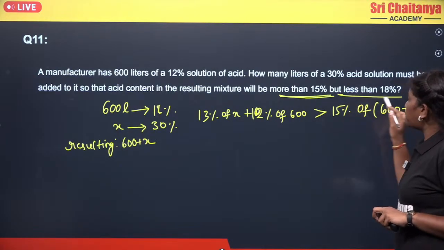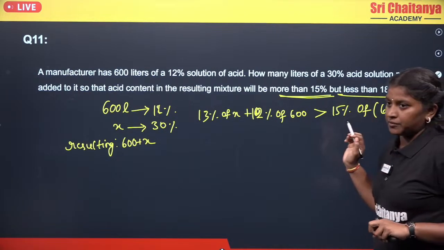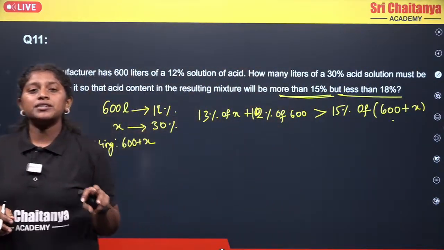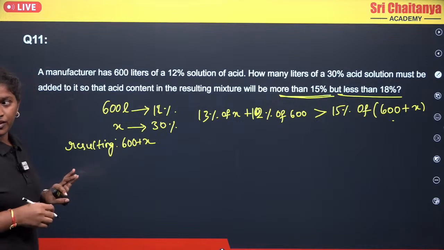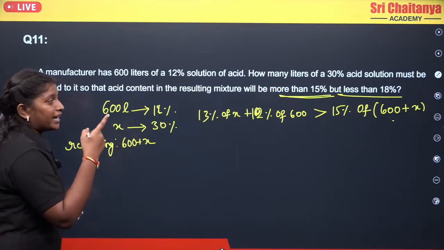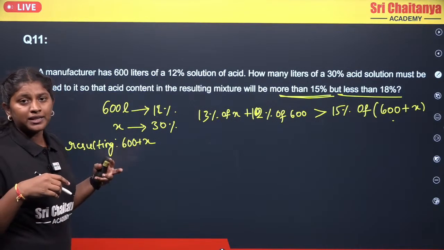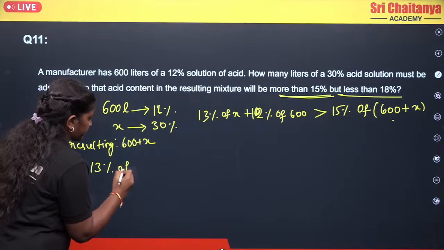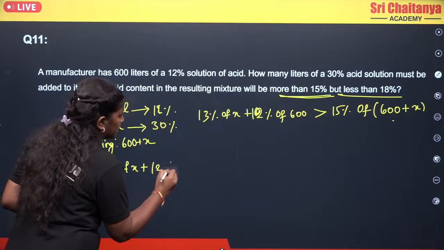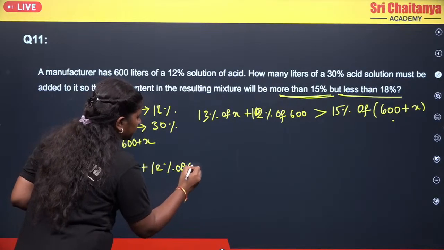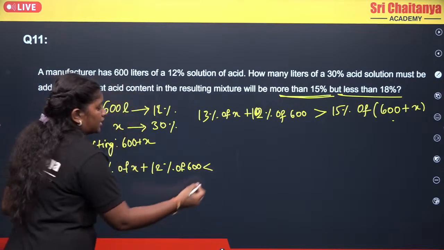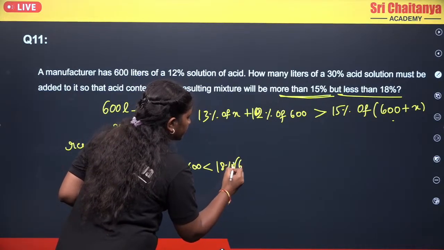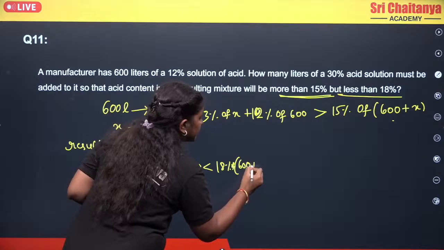And if you look at the second one, but less than 18%. So for the resultant they are saying, we should consider the 18% for the resultant. Okay, so now it should be less than the 18%. So what will be the inequality? Same only, the 13% of x plus 12% of 600, but it should be less than 18% of the resultant, so it will be of 600 plus x.